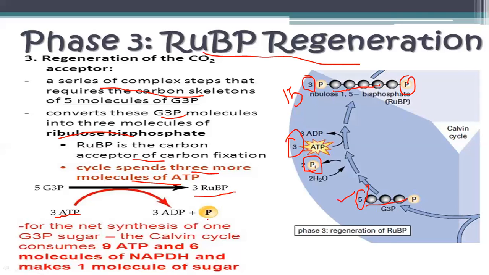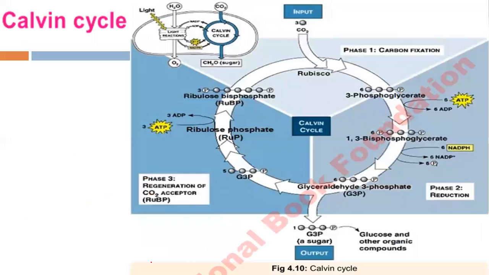For the net synthesis of 1 G3P sugar, the Calvin cycle consumes 9 ATP and 6 molecules of NADPH. How this happens, we will see in the next slide. So now you can see the review of all these reactions altogether.